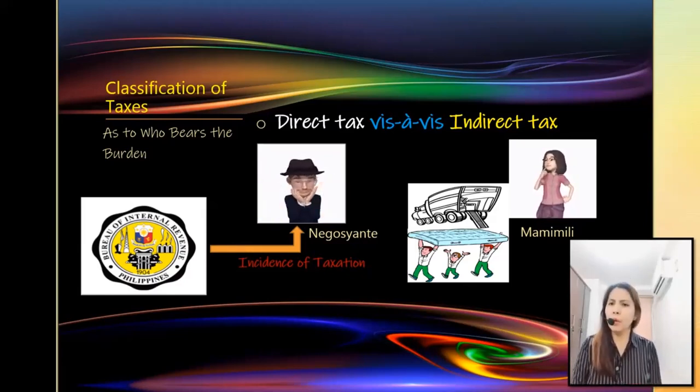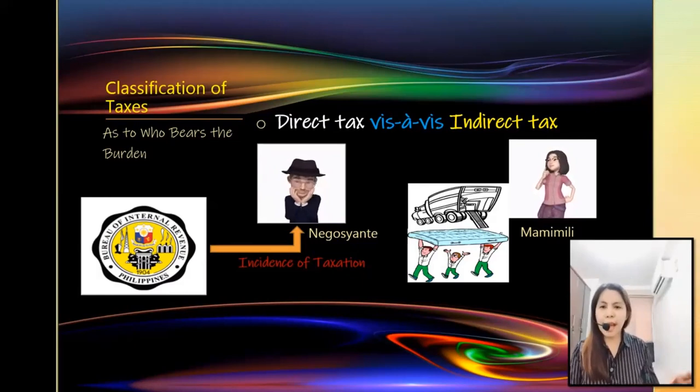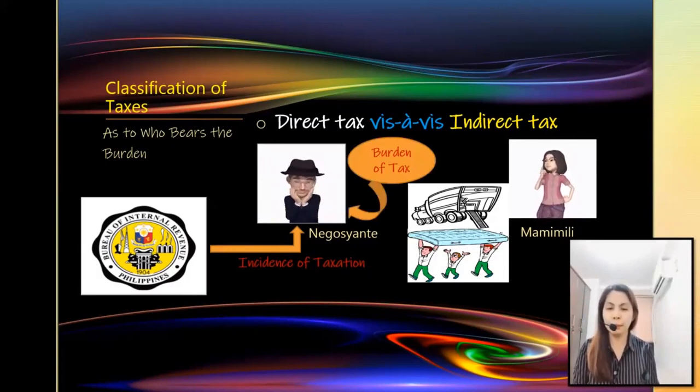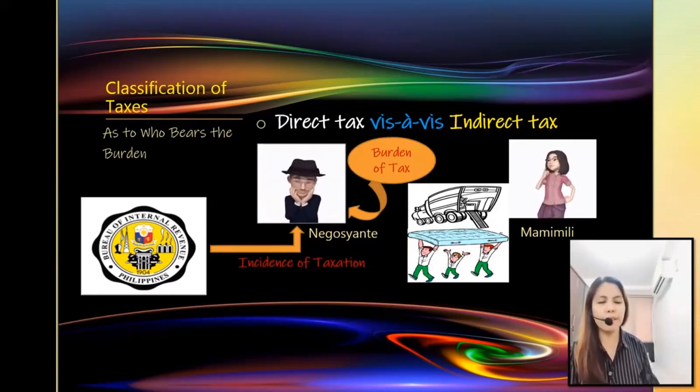Now, who shoulders the burden of the income tax? It is likewise being shouldered by Mr. Negosyante. The taxpayer also shoulders the burden of his tax.